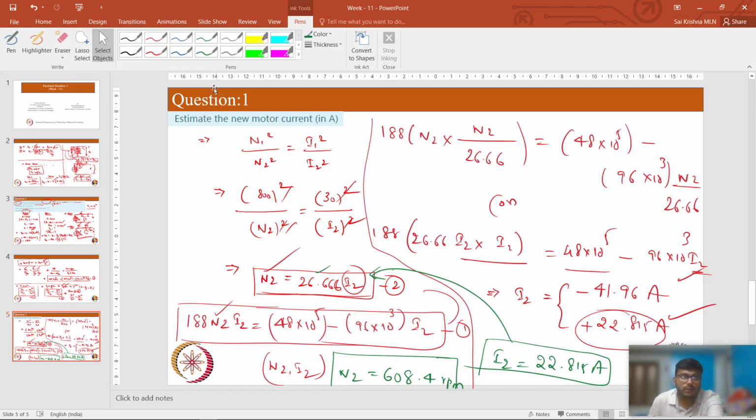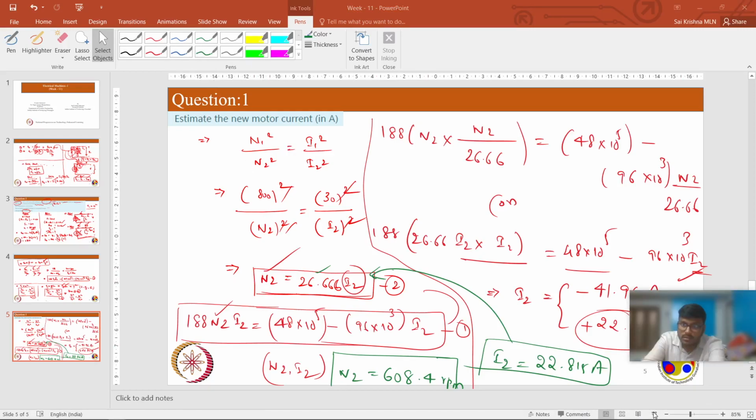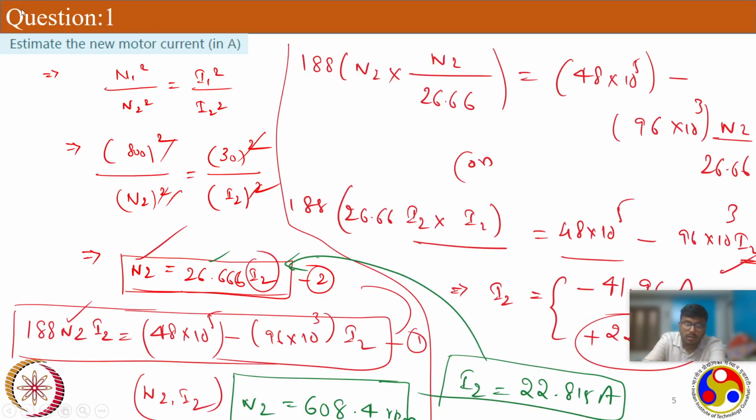If you see the second question, what is our second question? Estimate the new motor current. What is the motor current here? We don't talk about motor current, but always armature, series, field current and supply current. But what is motor current?